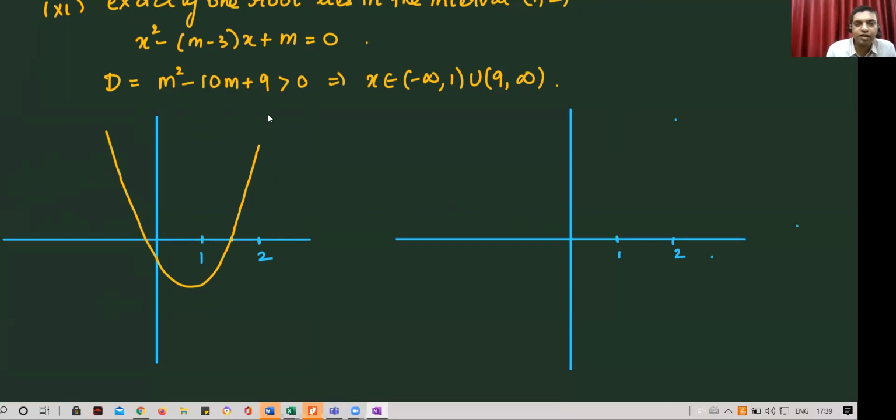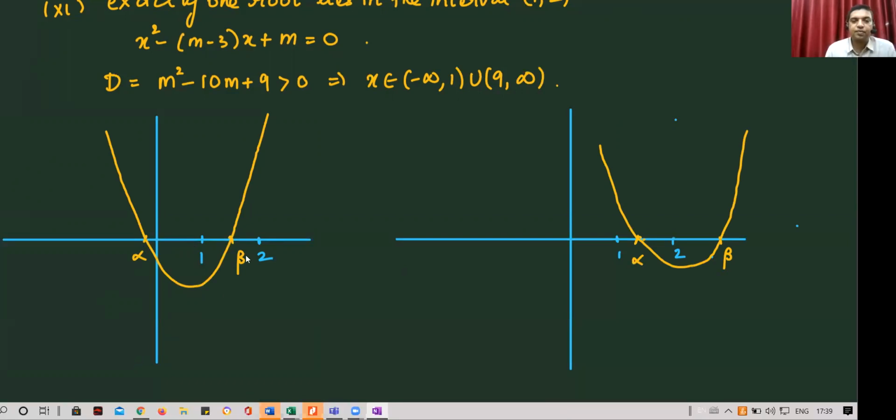Parabola can be like this, or it can be like this. So alpha, beta, alpha, beta.